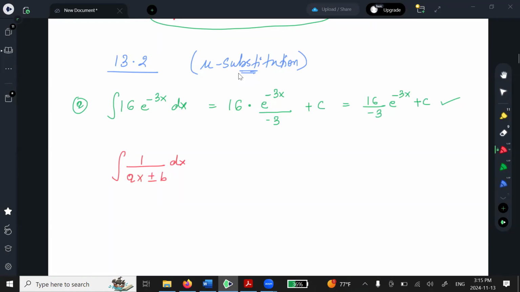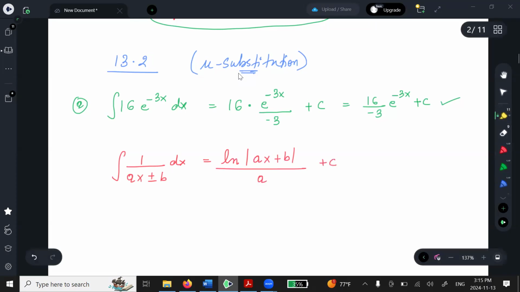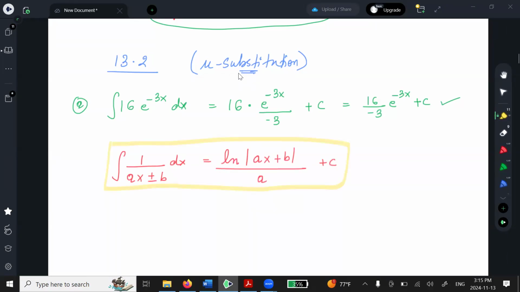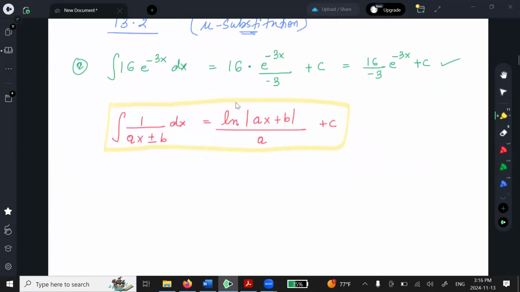If you see something like this, a is a number, b is also a real number, and x is the variable, the shortcut formula is ln of ax plus b, divided by a, and the constant. This is another shortcut formula that I would like you to remember to avoid u substitution. So we will not be doing any of these questions that can be solved by shortcut.